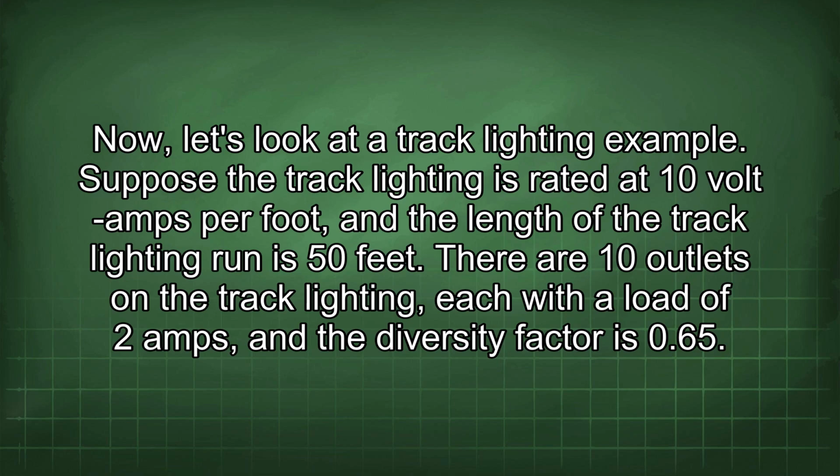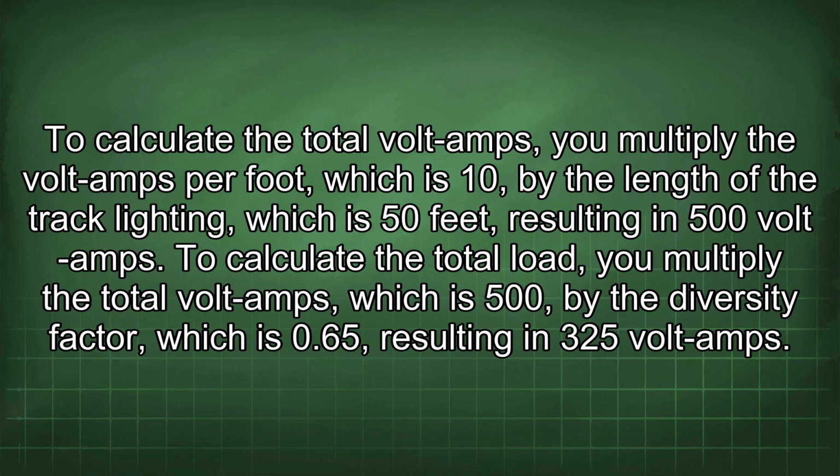Now let's look at a track lighting example. Suppose the track lighting is rated at 10 volt-amps per foot, and the length of the track lighting run is 50 feet. There are 10 outlets on the track lighting, each with a load of 2 amps, and the diversity factor is 0.65. To calculate the total volt-amps, you multiply the volt-amps per foot, which is 10, by the length of the track lighting, which is 50 feet, resulting in 500 volt-amps.